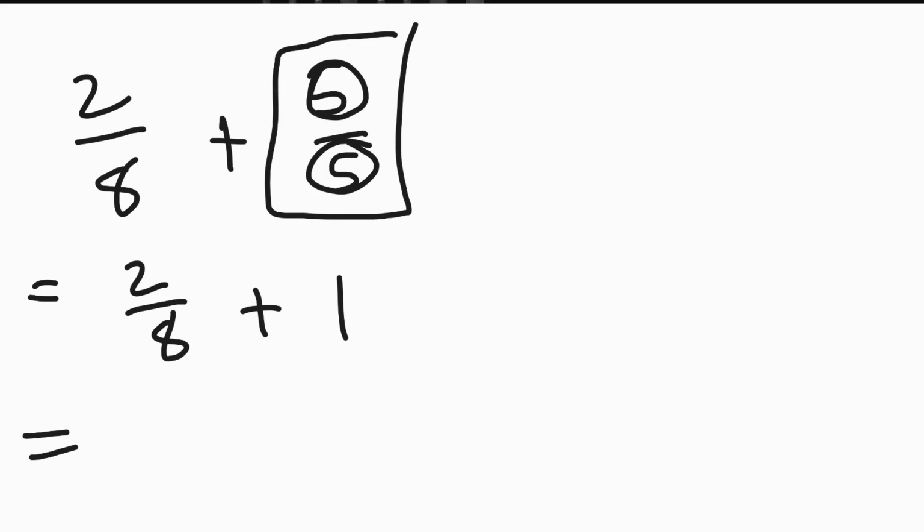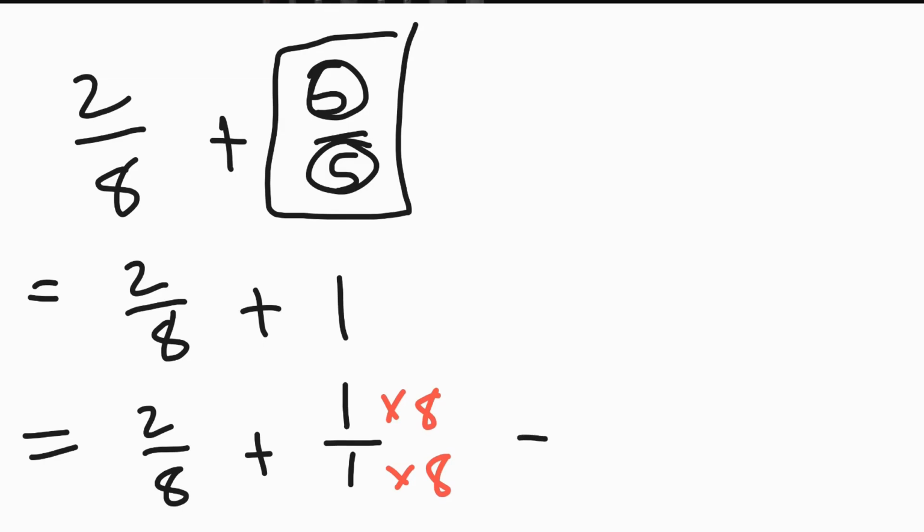So what you could have done was, you could have placed the 1 and made it a fraction as 1 over 1. So any whole number, doesn't matter what the number is, it has a denominator of 1. So here we could have just said times 8 times 8 to make our denominators the same.